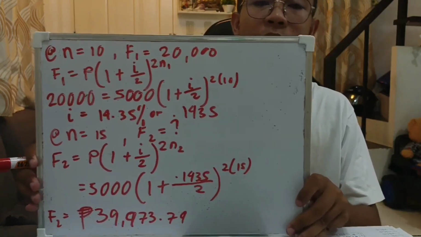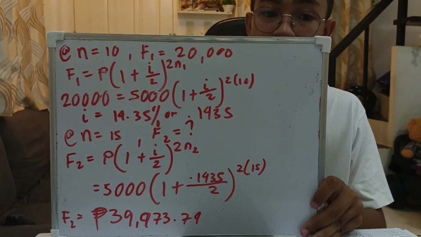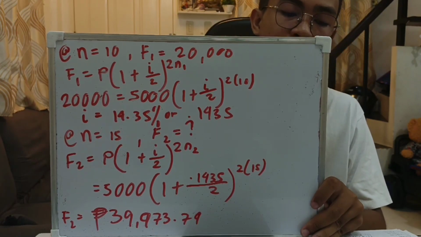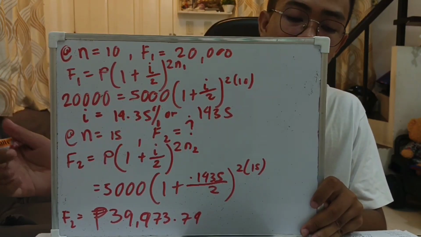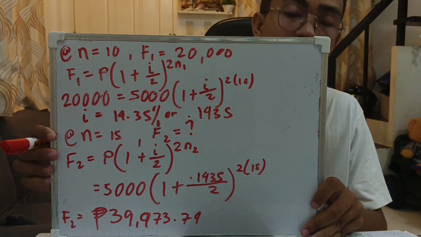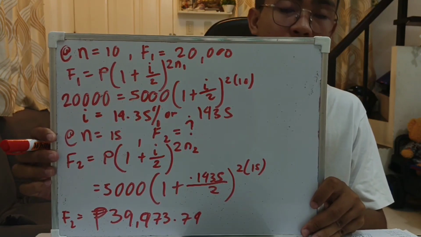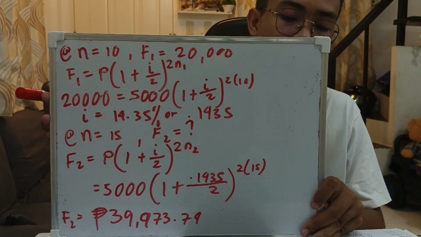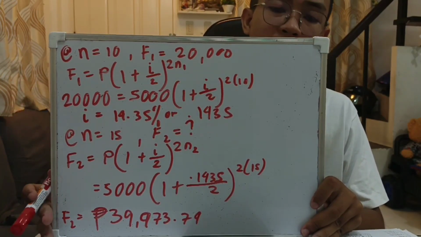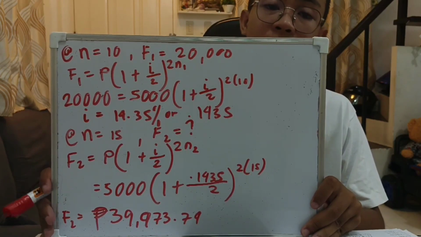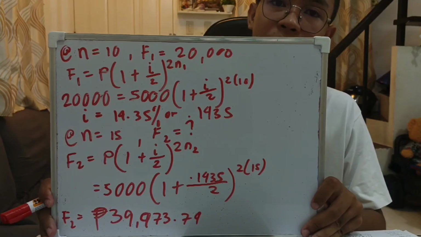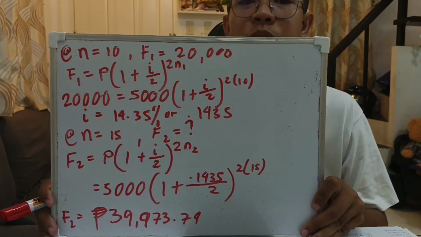So in F2, our n is 15 years, and our solution would be F2 is equal to 5,000, the principal, times 1 plus our i, 0.1435 over 2, to the power of 2 times 15 years. And you will be arriving at 39,973.74 pesos. And that is your final answer.